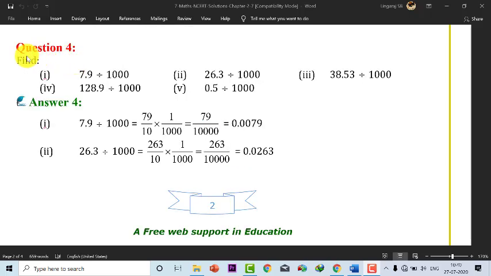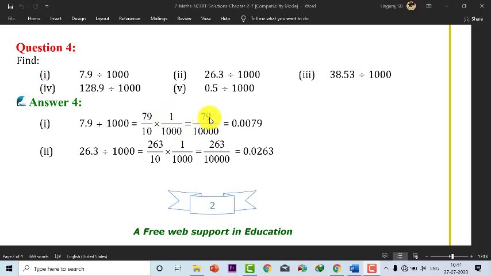Next, we can solve question number 4. Here the divisor is 1000, so we solve it as we did 10 and 100 in the previous ones. So 7.9 divided by 1000, 7.9 is nothing but 79 by 10, and the inverse of division is multiplication, so the reciprocal of 1000 is 1 by 1000.